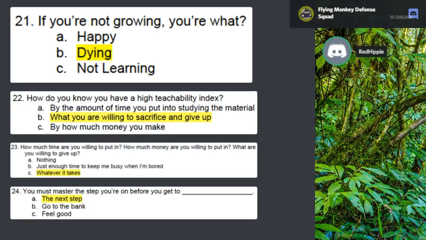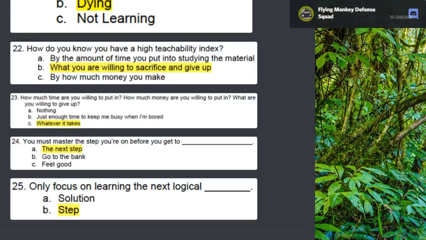Okay, so 25 is only focus on learning the next logical blank. Step. That's correct. Yes, if you focus on the next logical step, then it doesn't seem so scary. And 26, success builds blank.